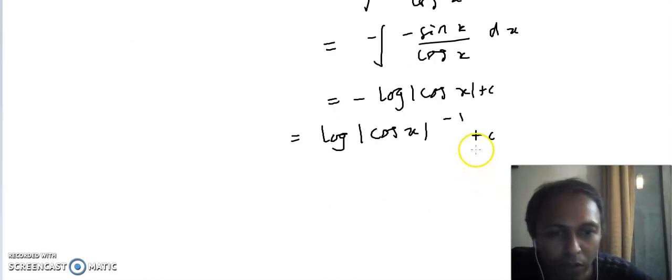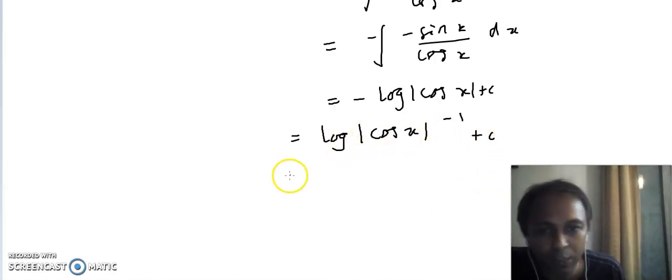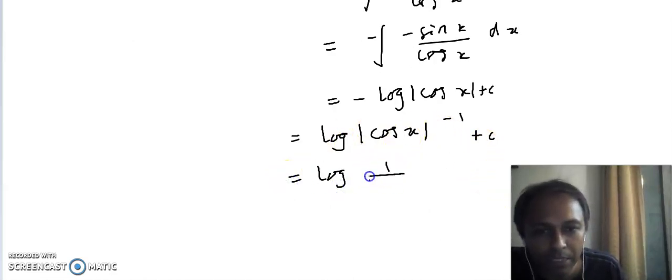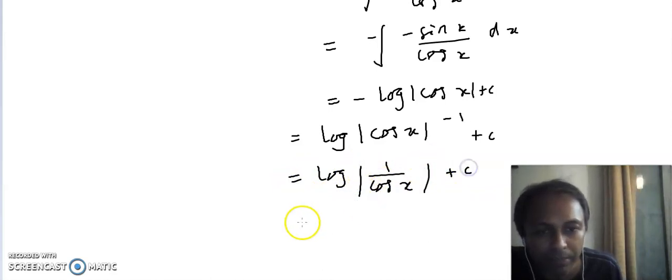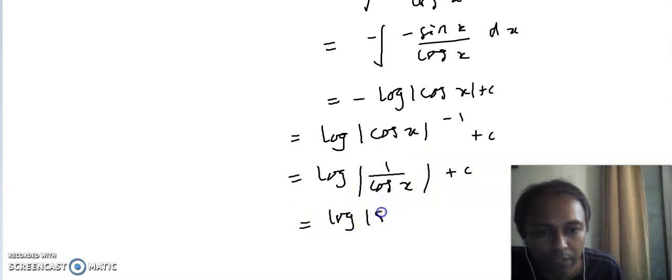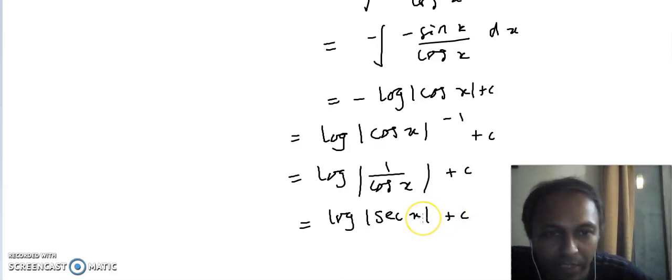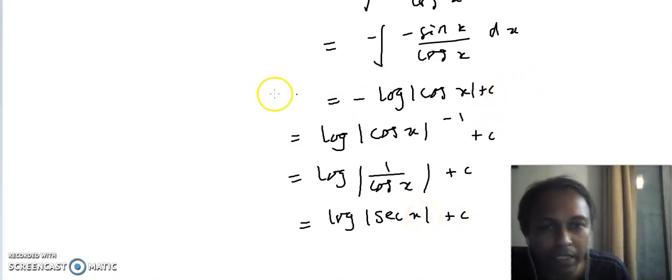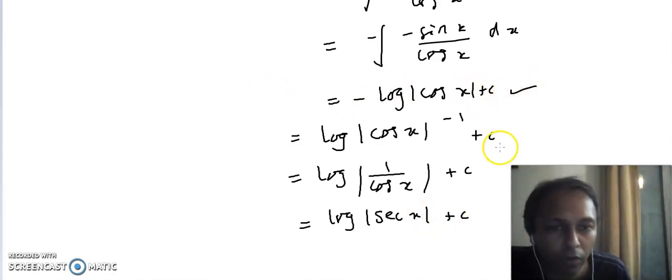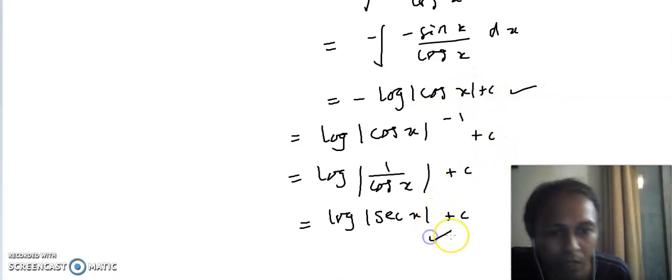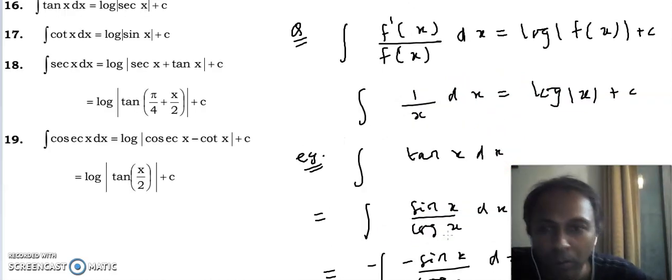Caution, this is not cos inverse x, it is cos x raised to minus 1. So this can be reciprocated and written as 1 upon cos x plus c, and the reciprocal of cos x we know is sec x plus c. Hence we advise students to learn the integral of tan x as minus log of mod cos x, or you can learn log of mod sec x plus c.